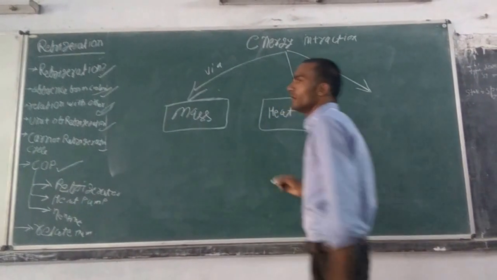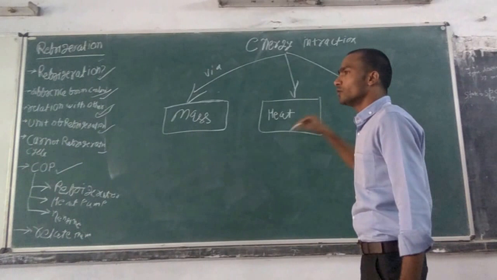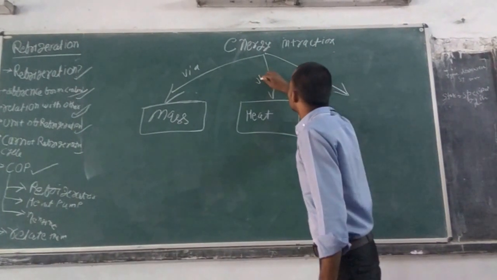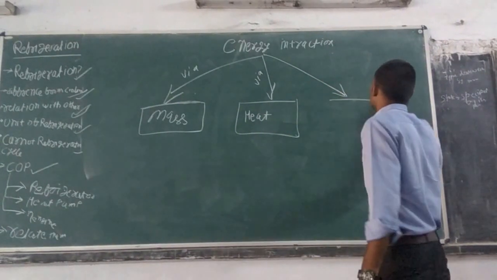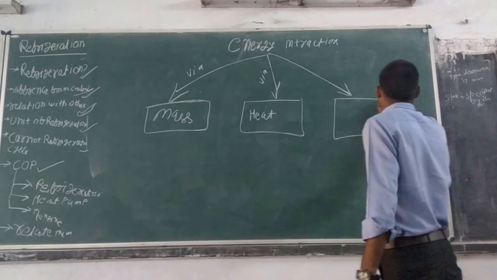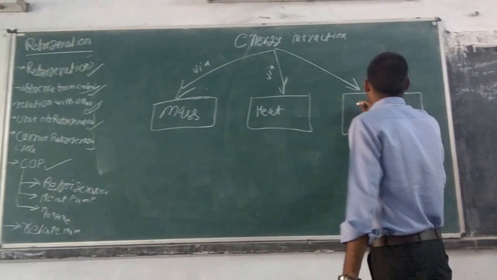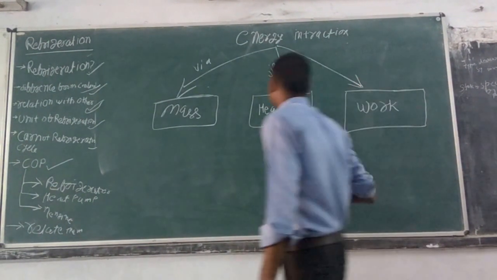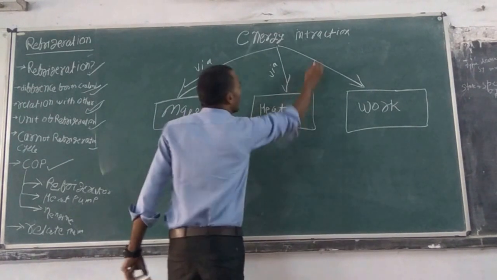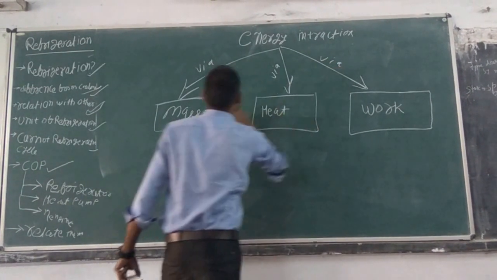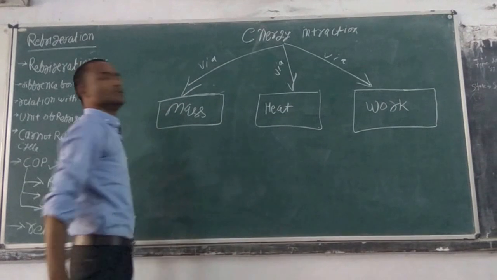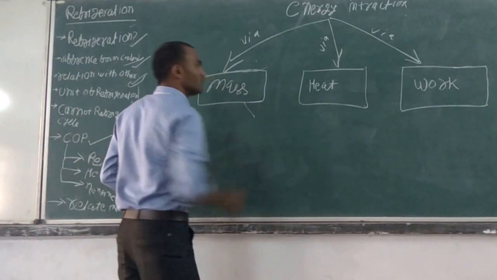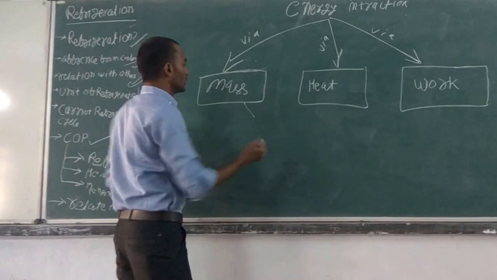If we exchange heat from one body to another body, an energy interaction will take place, that is heat interaction. And the last one is work interaction. So these three ways are the most preferable for transferring energy from one form to another form.